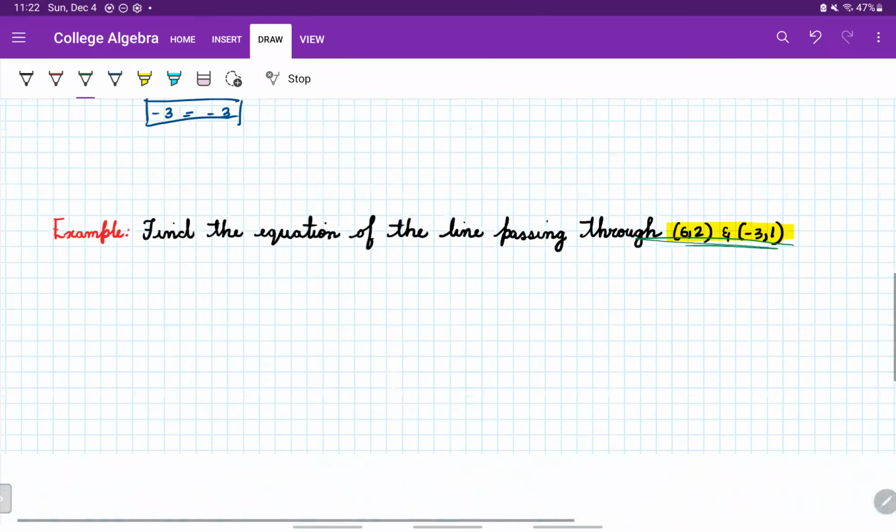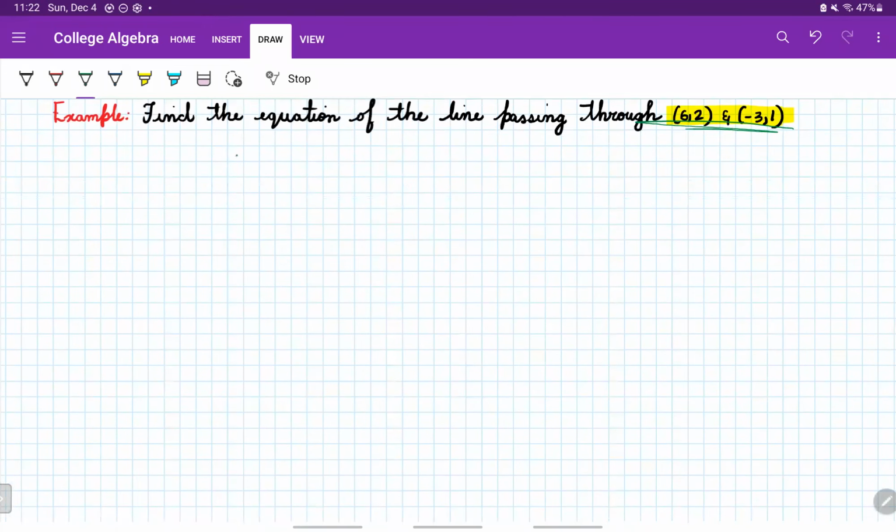Because if you recollect, our point slope form, which is y2 minus y1 equals m times x2 minus x1, we need m. So if we want m, let us try to find m by just dividing both sides by x2 minus x1.